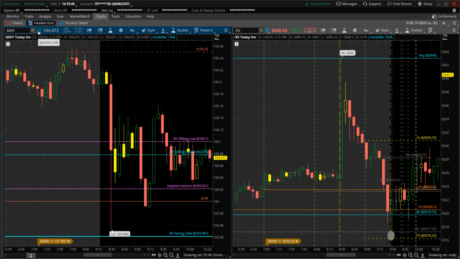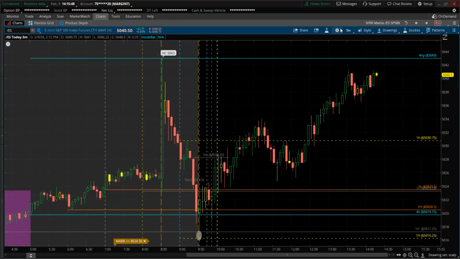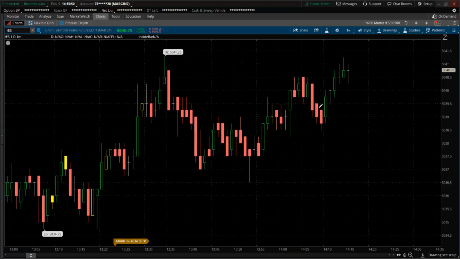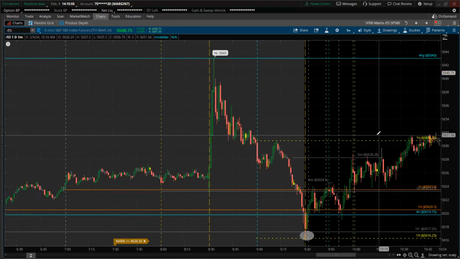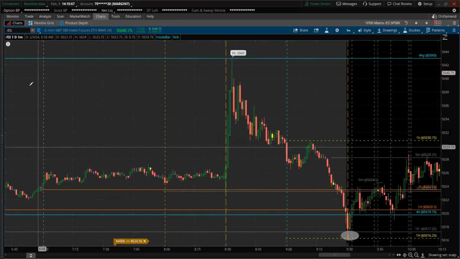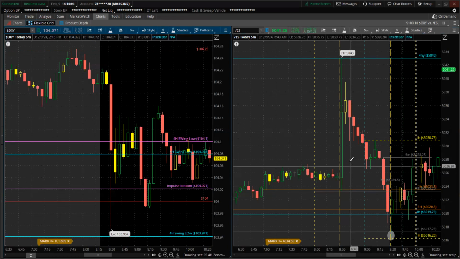Let's actually do this on here. Put this on the 1 minute. And the 5 minute. So looking here at the 5 minute, I'm going to give you the trades, how they went.